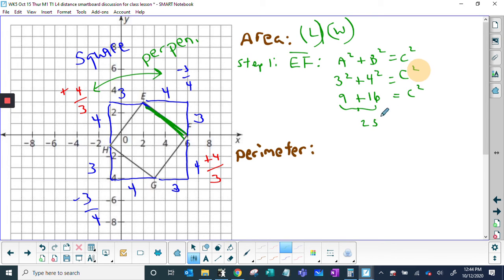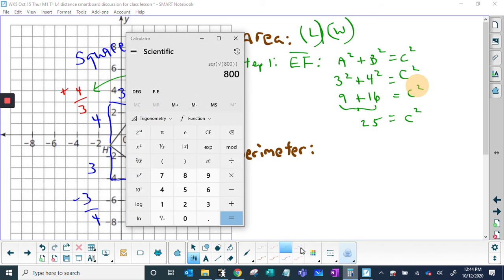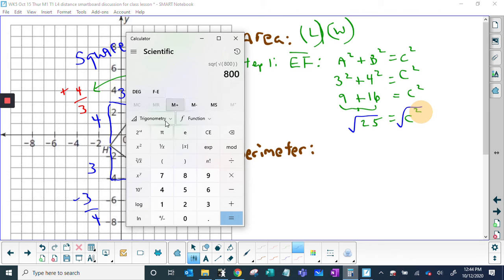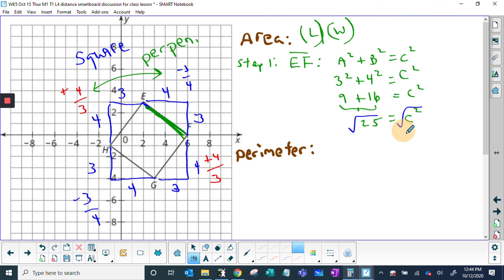Well, we have to undo this. So remember, on a calculator, it's called the radical sign. So we're going to take the square root of both sides. So the square root of 25 is 5. So our c is equal to 5. The actual length, because it's a square, we're going to have 5 units, 5 units, 5 units, and 5 units.